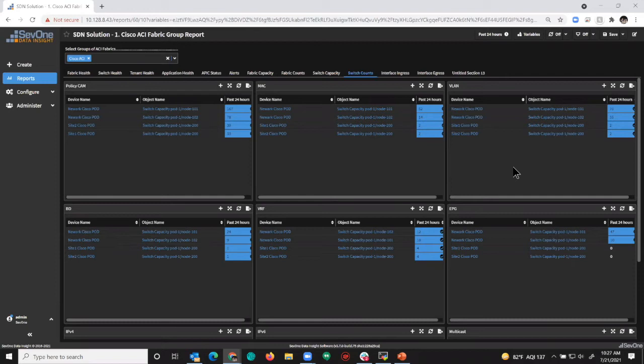So another really important part of ACI is understanding these. And from the perspective of a capacity person, maybe you don't want him or her in the APIC looking at this. We could pull this information out. So now this is available to report externally, without having to be inside of the ACI controller looking at this data.